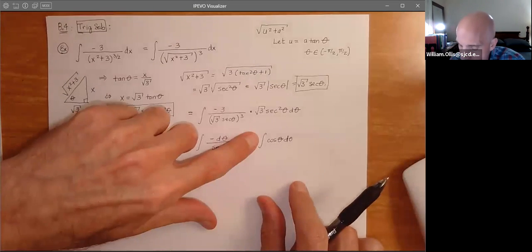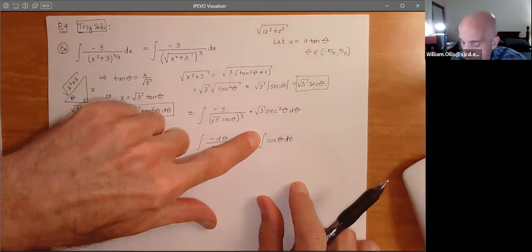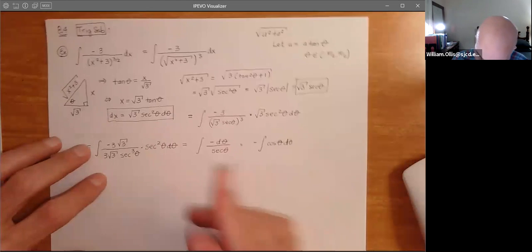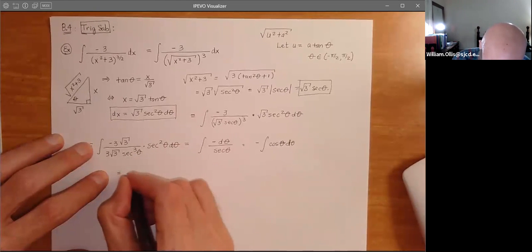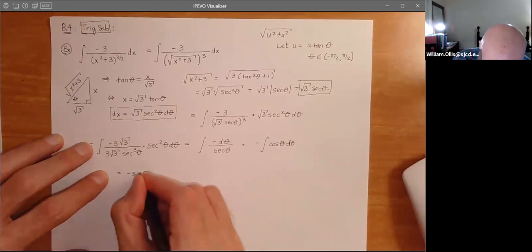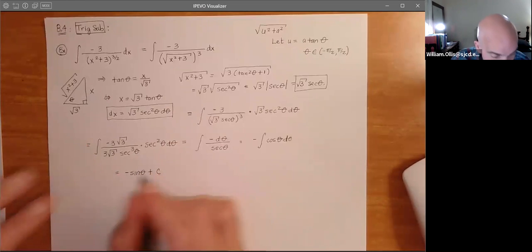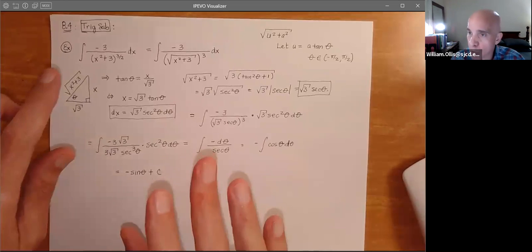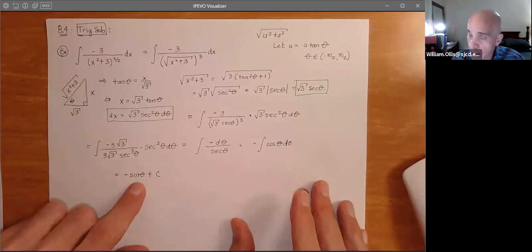So now when we look at this, the antiderivative of cosine is just the positive sine made negative. So this is the negative sine theta plus a constant. Now you're thinking, are we done? Well, we didn't do a definite integral, so we didn't get a number.